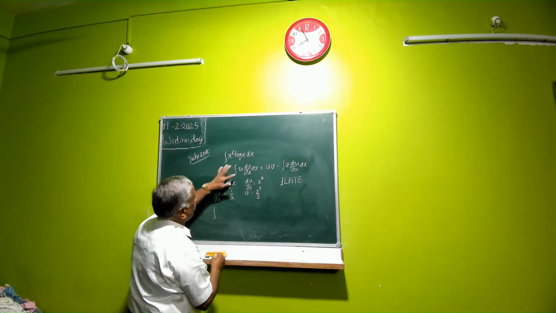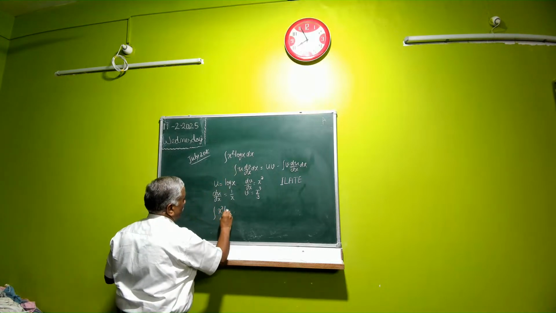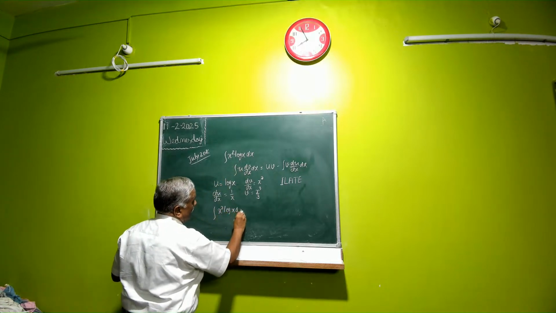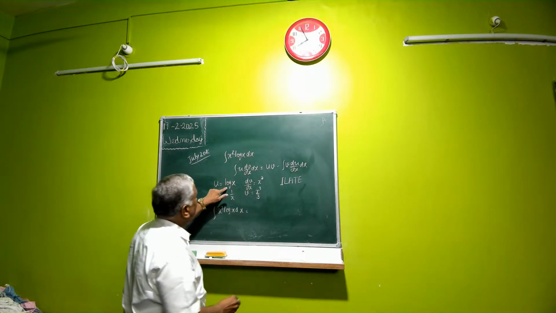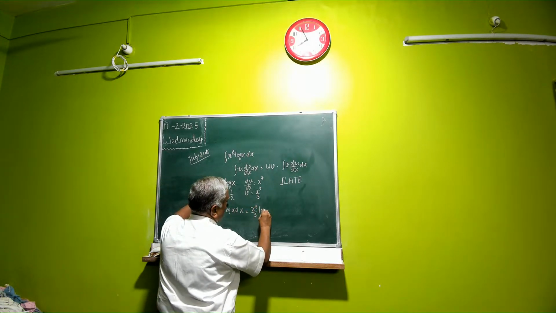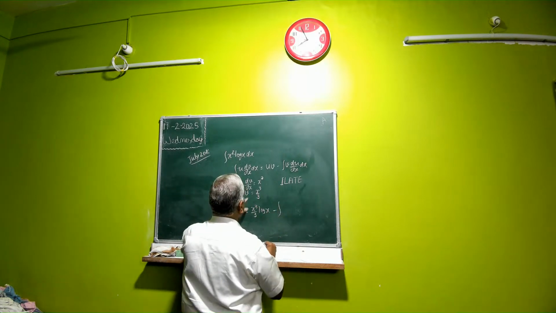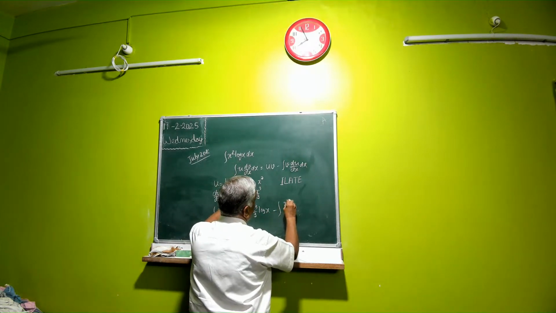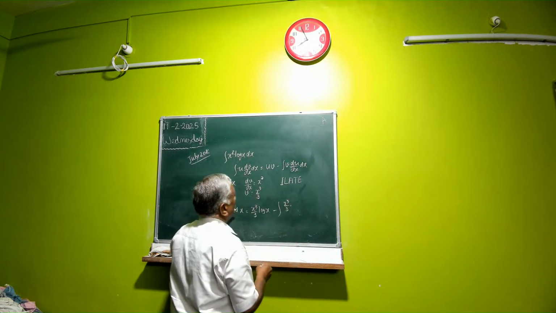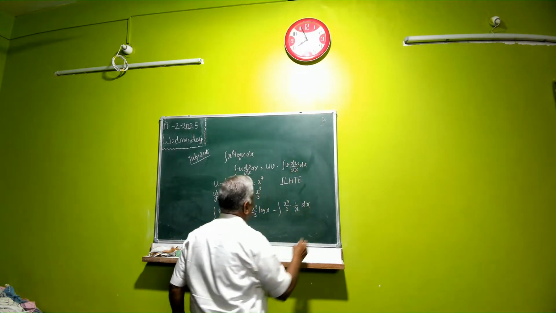Now use the formula. What is u dv by dx? It is x square log x dx. What is uv? X cube by 3 log x minus, what is v? V is x cube by 3, and what is du by dx? It is 1 by x dx.